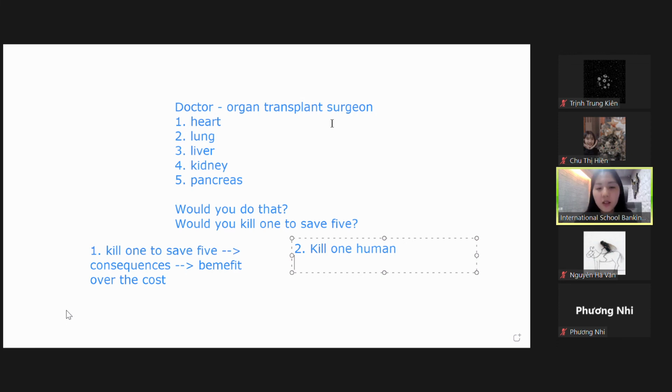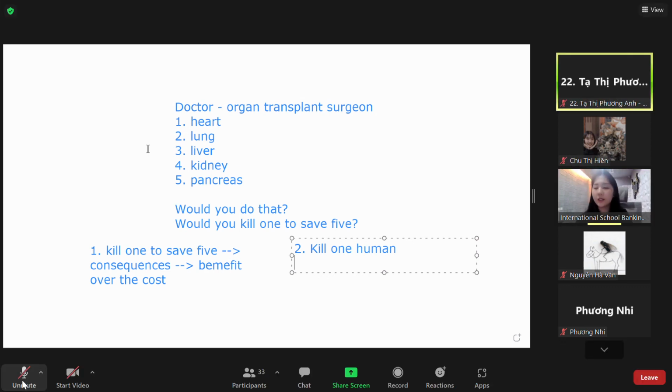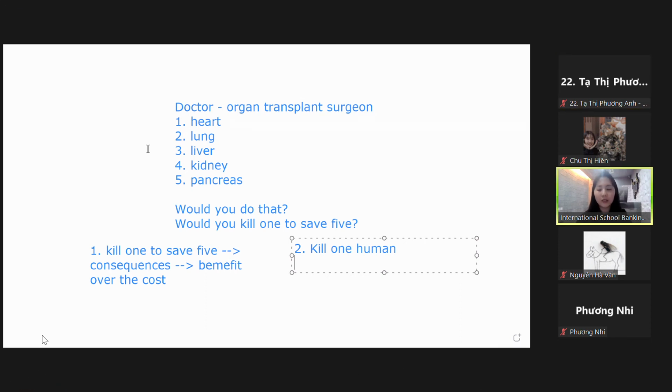For this, I would refer to another example. Do you know Hitler? Yes or no? Yes, Hitler is a very evil man. He killed so many Jewish people, right? So if one person killed Hitler in order to save so many Jewish people, should that person be put into jail for killing Hitler?